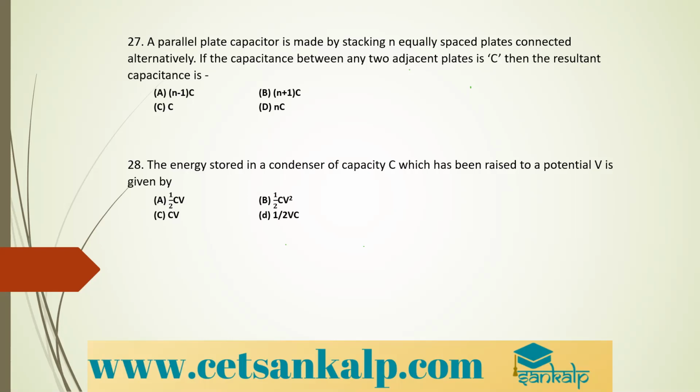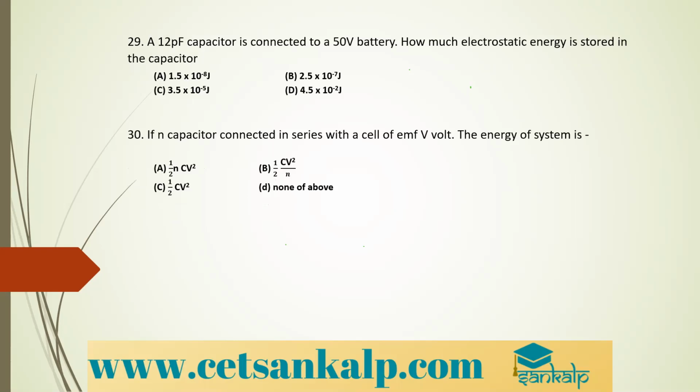Okay, students. Then our next question is, here we have a 12 picofarad capacitor connected to a 50 volt battery. How much electrostatic energy is stored in the capacitor? Directly we know the formula, half CV square. So you can substitute. I think you can try this one. The formula is 1 by 2 C into V square.